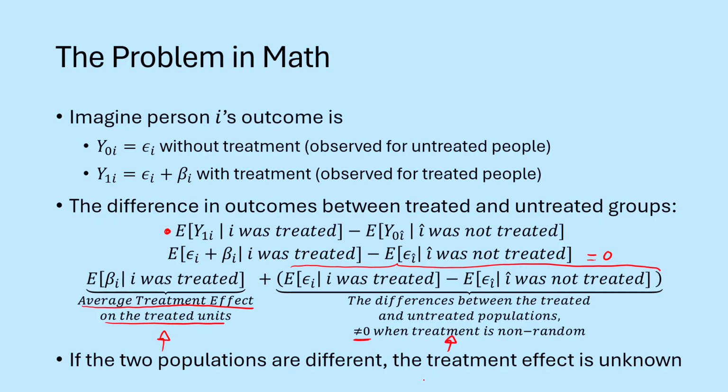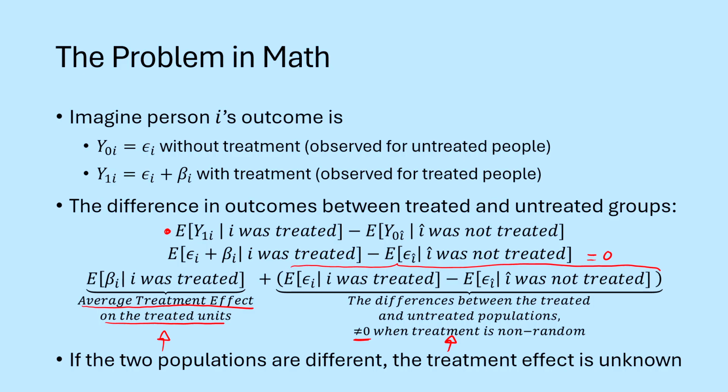And we have no way of knowing how big these two components are. If we see a large difference between the treated and untreated populations, it could be coming from a large treatment effect, or it could be coming from a large difference in individual idiosyncratic characteristics, and we just don't know.